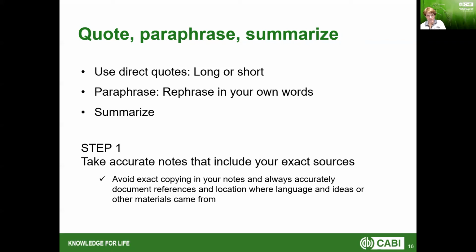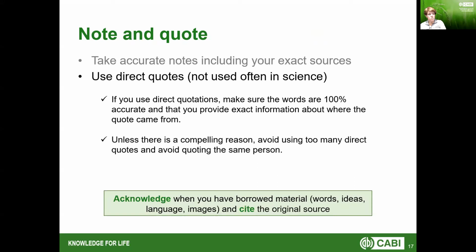You can avoid quoting those actual words. You can rephrase them, but where you got them from needs to be accurately recorded. So if you use direct quotes, you should make sure that the words that you write down are 100% accurate and that you provide the exact information about where the quote came from.